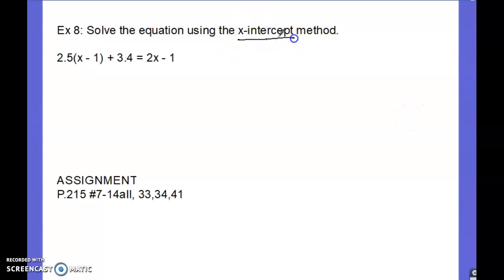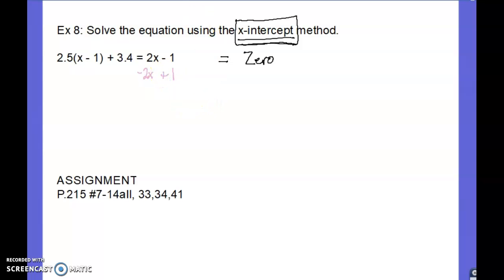What the x-intercept method means is that we can find zeros. So what you have to do is set one side, just as a reminder, x-intercepts are called zeros. So set this equation equal to 0 somehow. Well, you can easily do this by subtracting 2x to the left side and adding 1.